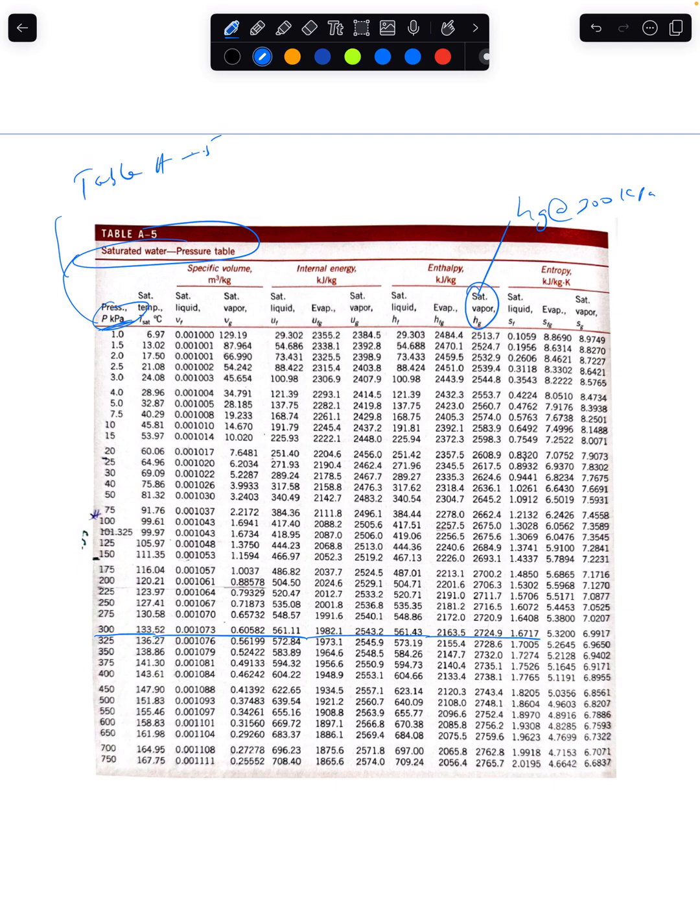And this is my H1, equal to what? It is equal to 2724.9 kilojoules per kilogram.